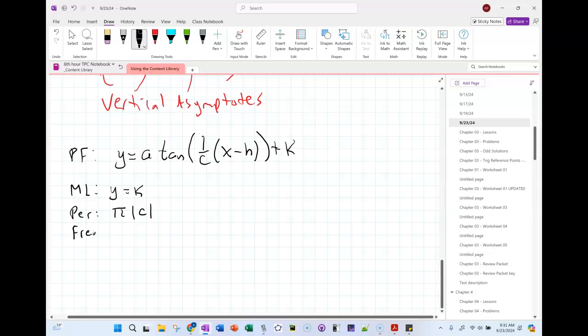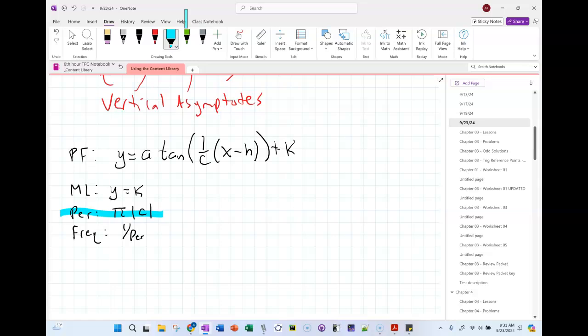And our frequency is still 1 over the period. The only thing that's really different about those features is the formula for our period is different now than it was for sine and cosine. You guys see that? What was the period formula for sine and cosine? 2 pi times the absolute value of c as opposed to 1 pi times the absolute value of c. Everybody's cool?